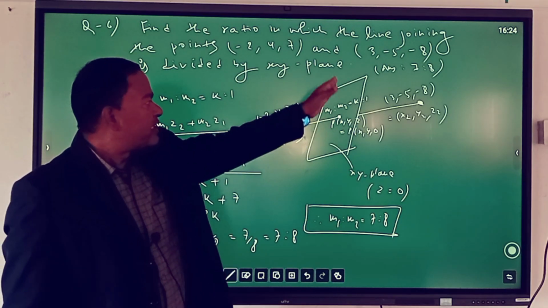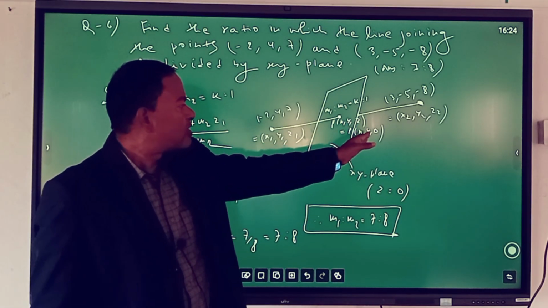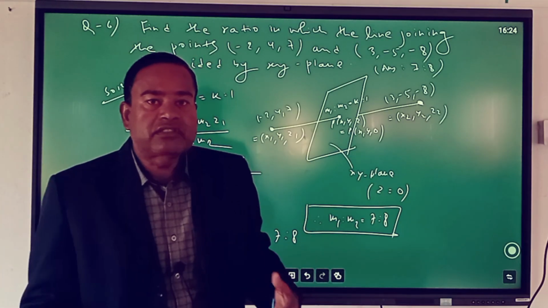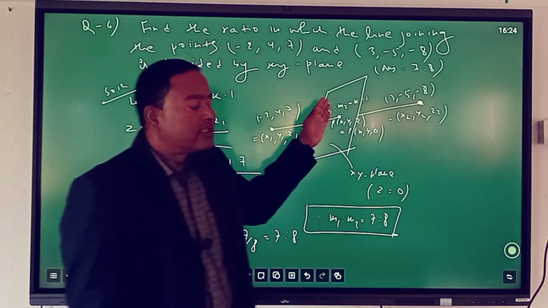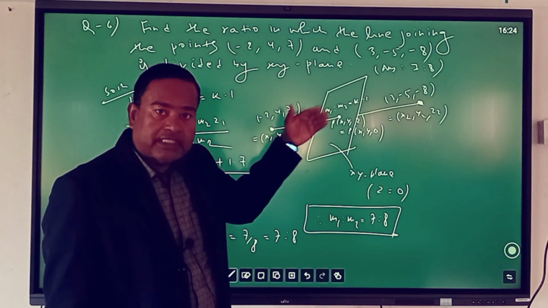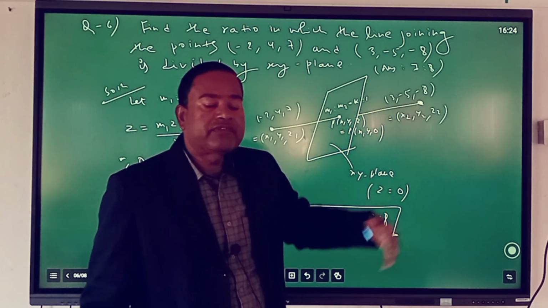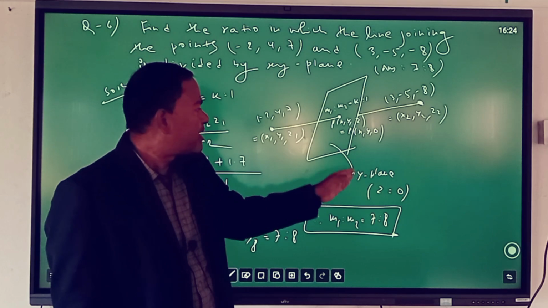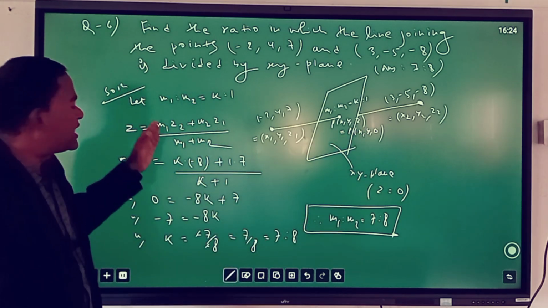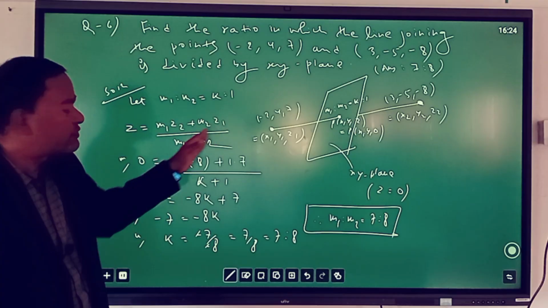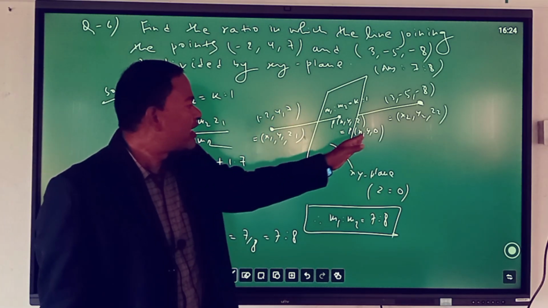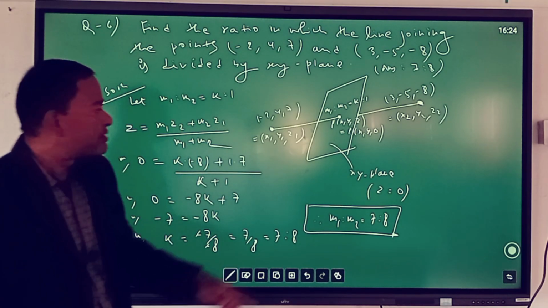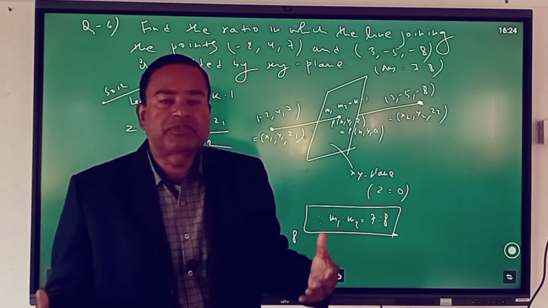Dear students, if we are asked to find the point in the xy plane, we know that any point in the xy plane is x comma y comma 0, the z coordinate is 0. If we are asked in the same question to find the point in the xy plane which divides the join of given 2 points, then after finding the value of the ratio, again by using the formula, x means m1 times x2 plus m2 times x1 divided by m1 plus m2, and y means m1 times y2 plus m2 times y1 divided by m1 plus m2, we can get the coordinates of the point.